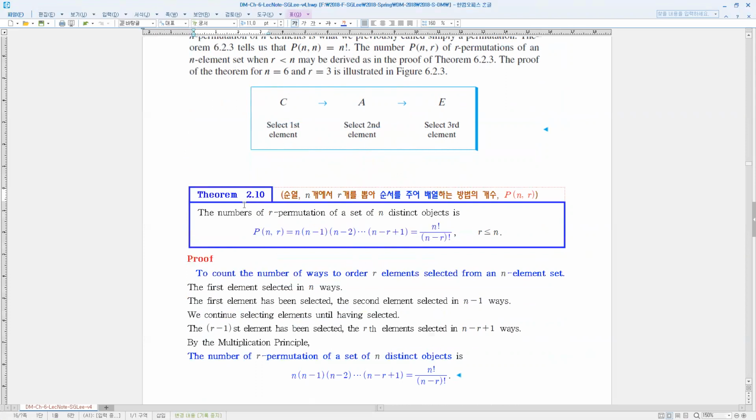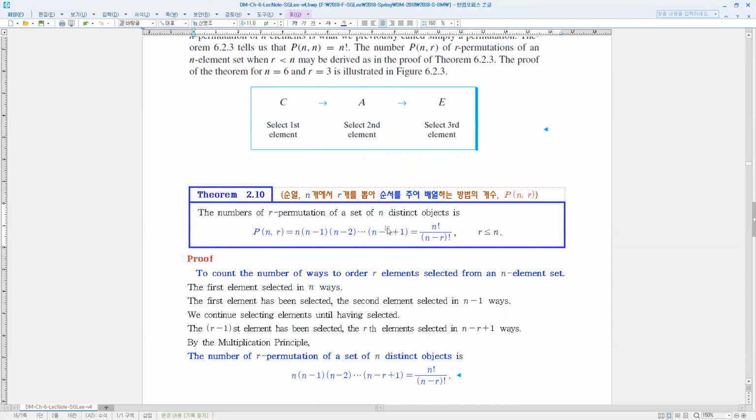The number of R permutations of a set of n distinct objects is P of n and R. We choose the first one with a choice of n because we choose any one from n objects, and then the next one has n minus 1 choices because one is already taken, and the third one has n minus 2 choices because 2 are already taken.